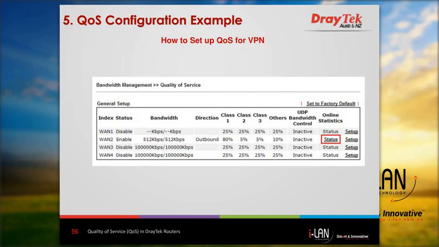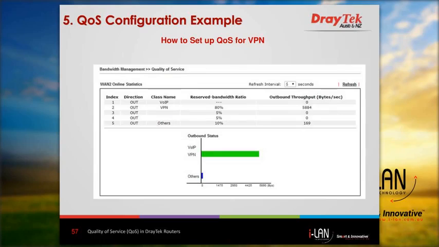And then once the configuration is completed and the VPN is running, we click on the status option and look at the traffic details. You should see something like what's shown here.